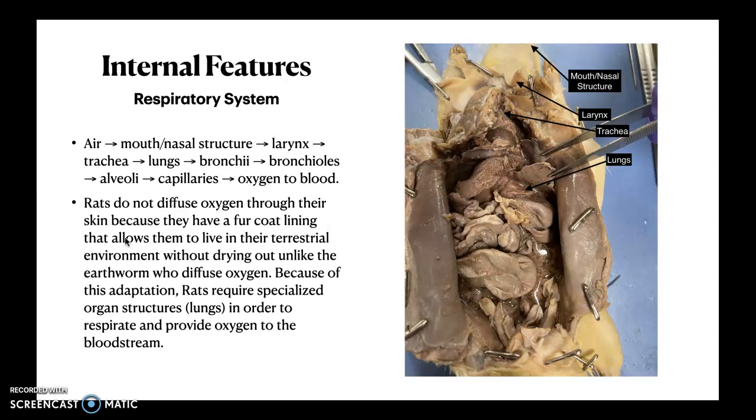And because rats are able to live in those terrestrial environments, unlike earthworms, they have those specialized organ structures, the lungs, that allow them to respirate and provide oxygen to that bloodstream.